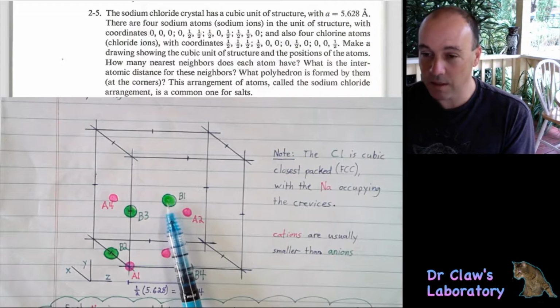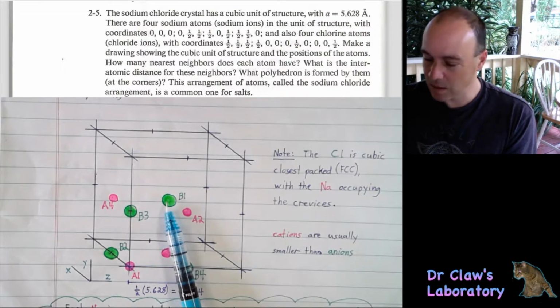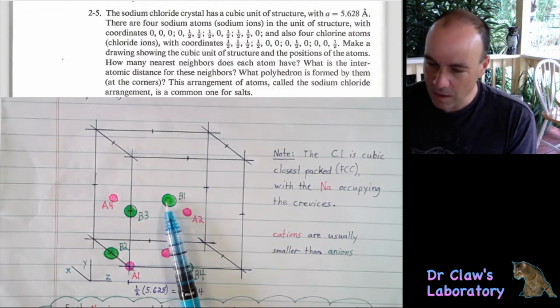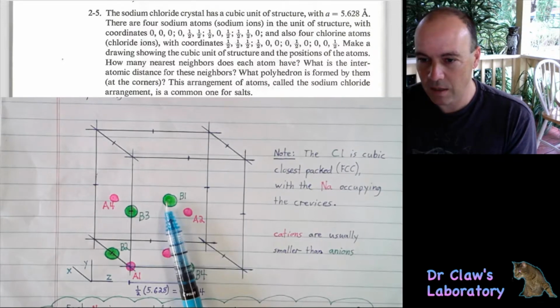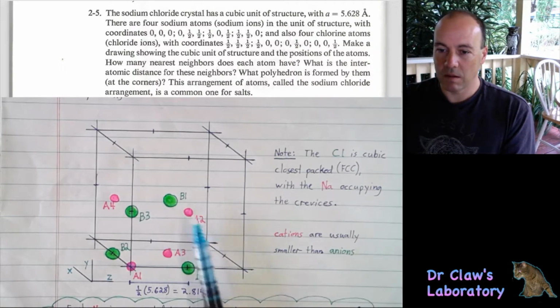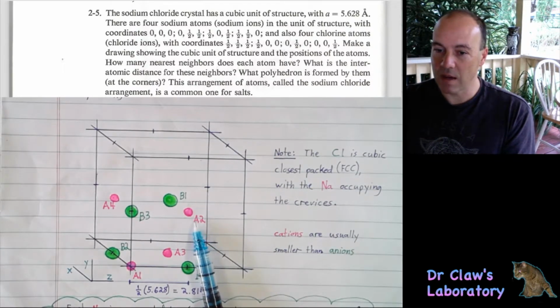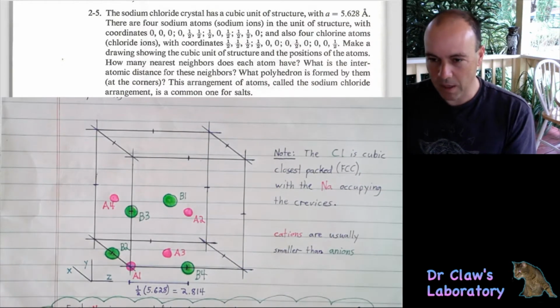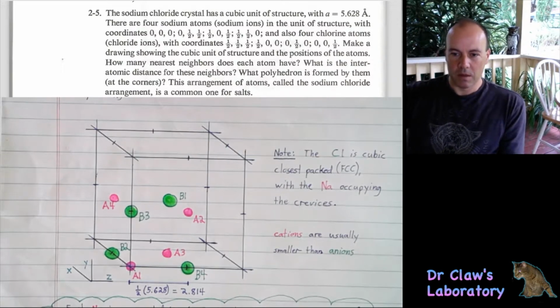So this one has 6 surrounding cations, and it's also going to be the case that the cations have 6 surrounding anions. But let's take a better look at this through the computer model.